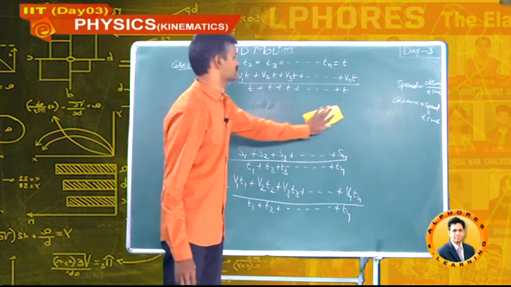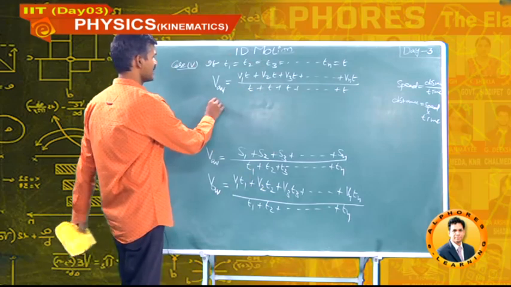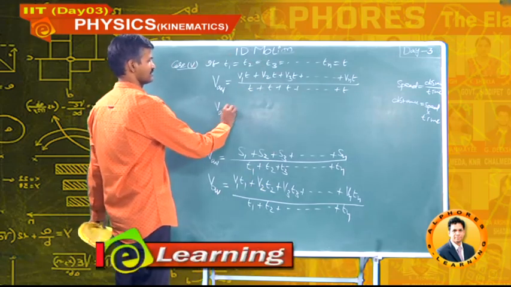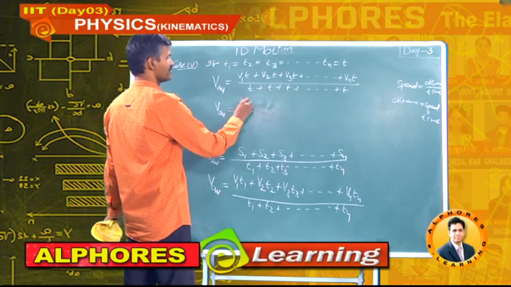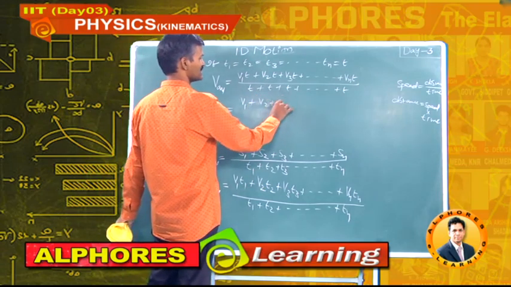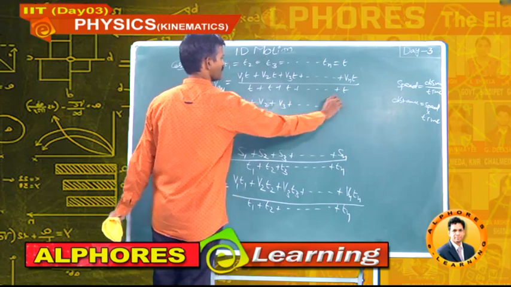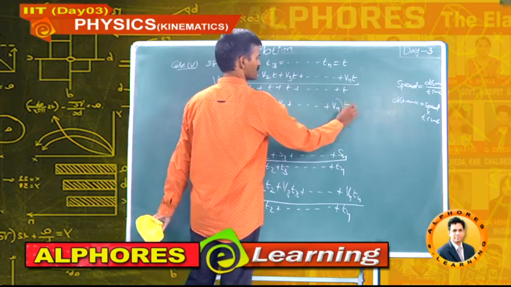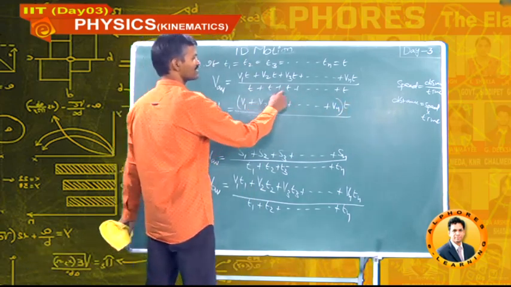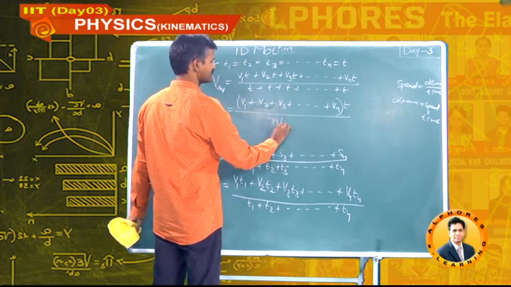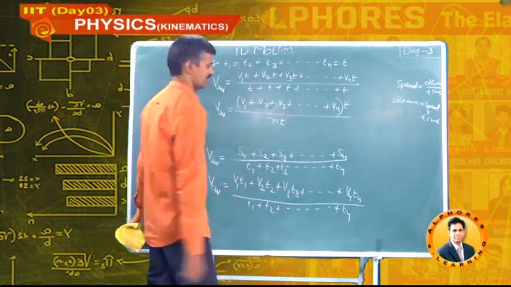Students, are you following? This average speed is (V1 + V2 + V3 and so on + Vn) into t, by (t + t + t + t). This becomes nt, and this t gets cancelled.